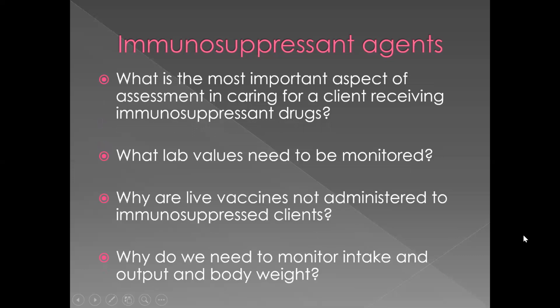Typically, it's a CBC with white blood cells and platelets. What are live vaccines? Why are live vaccines not administered to immunosuppressed or immunocompromised patients? It's because they have a lowered immune system, and that'll put them at risk for developing the disease that we're actually trying to prevent. And why do we need to monitor intake and output and body weight? That's because they can end up retaining fluids.